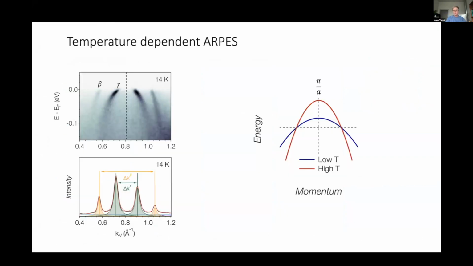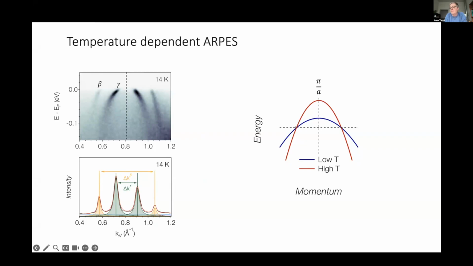Second thing is what happens to the dispersion. So we try to extract Z from the mass enhancement, and we look at how the dispersion of these bands changes with temperature. We can take a cut at constant energy, then you would get these 4 peaks for the beta and the gamma band. And then the idea is sketched here on the right.